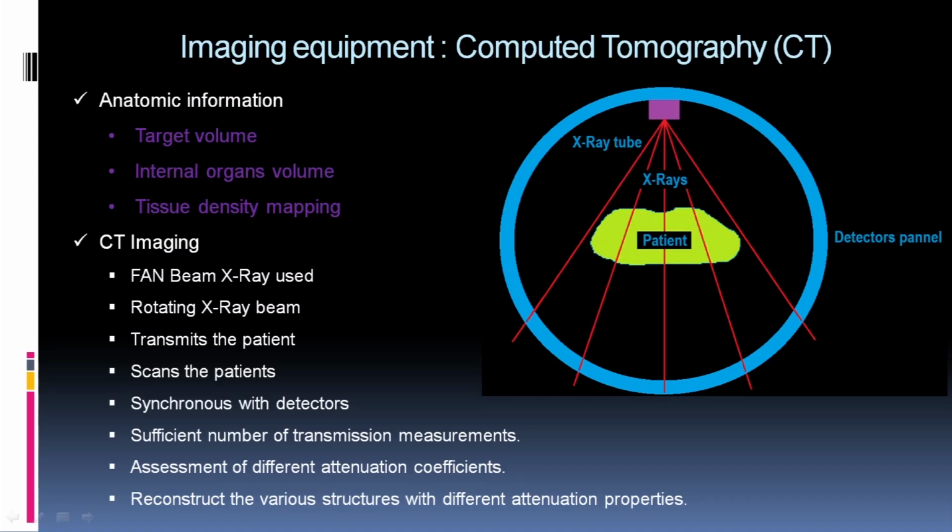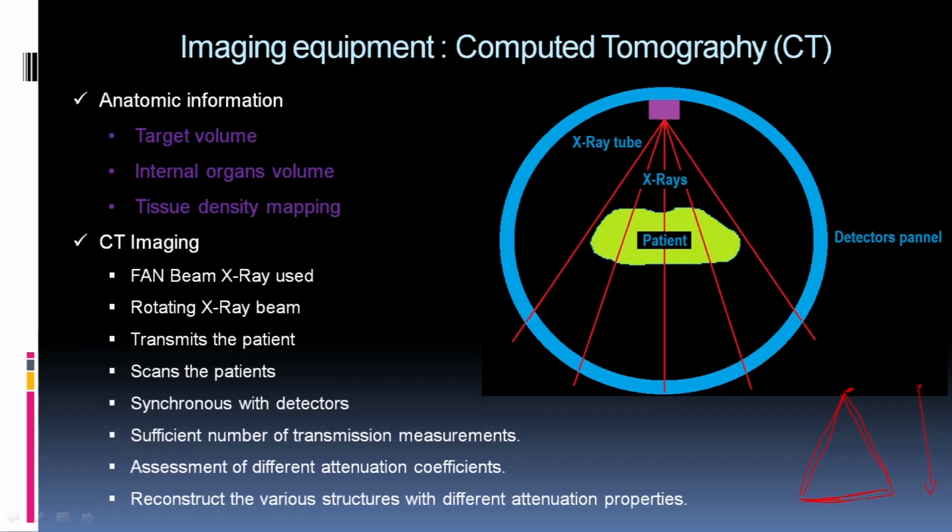In CT imaging we use a fan beam X-ray. Fan beam means there is a radiation source and it is coming like a fan. This is the fan beam geometry. If one source gives a single ray, that is narrow beam geometry, and if it is diverged in a fan-like structure, then we call it a fan beam X-ray.